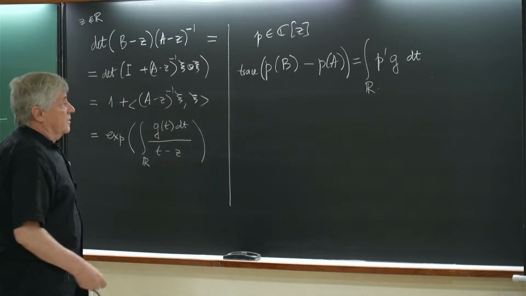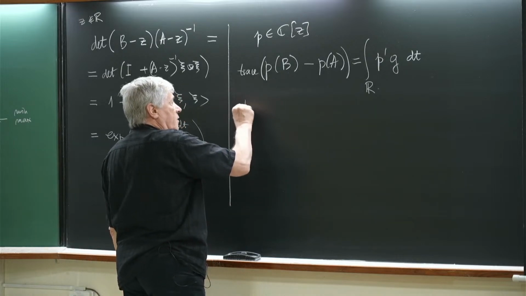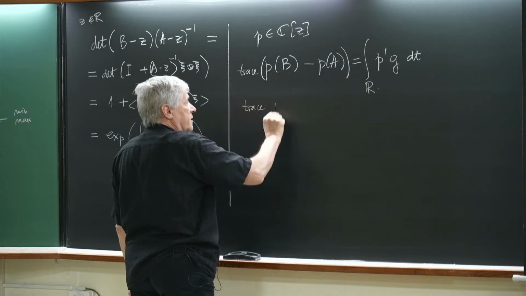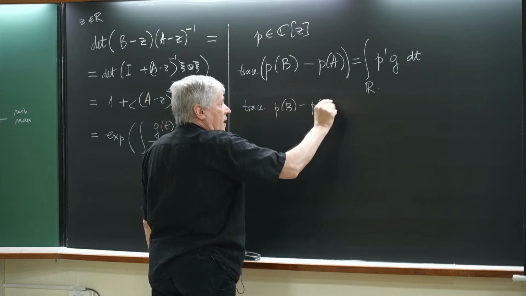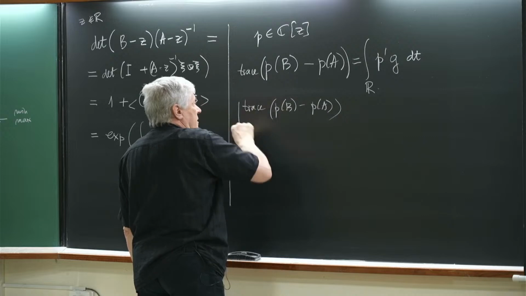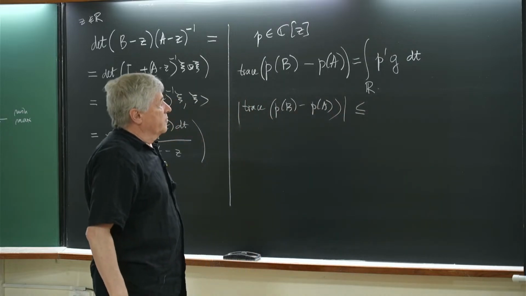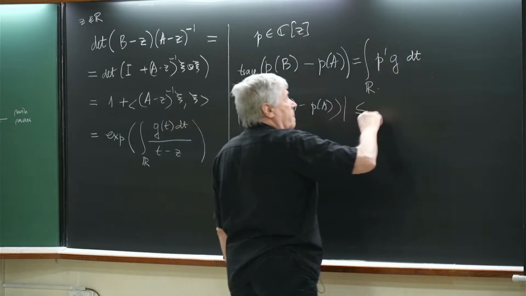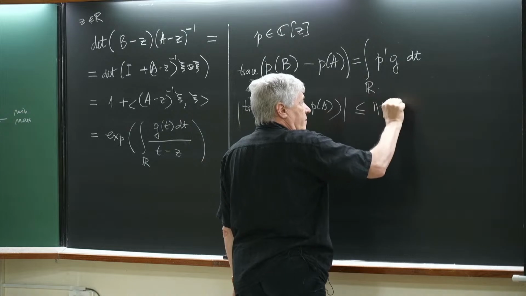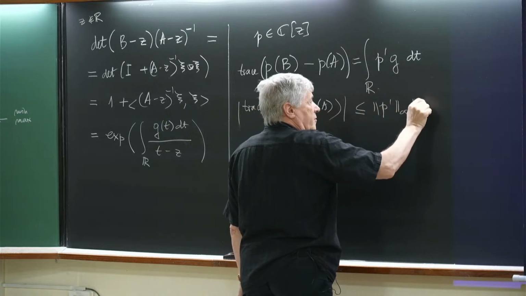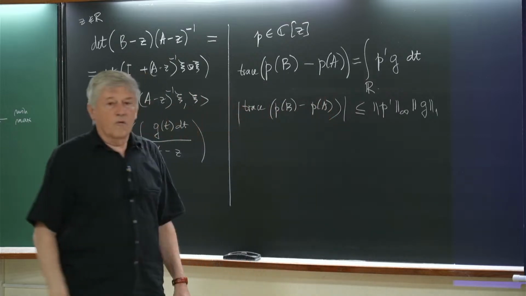Now, what is important here, we derive immediately an inequality. The trace of this difference is bounded by the sup norm of p prime and the one norm of g.